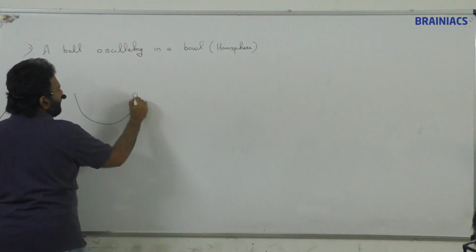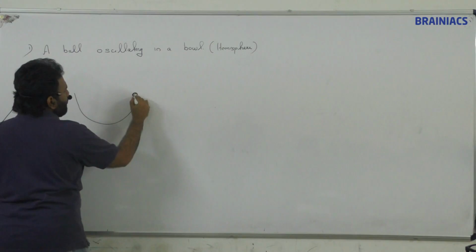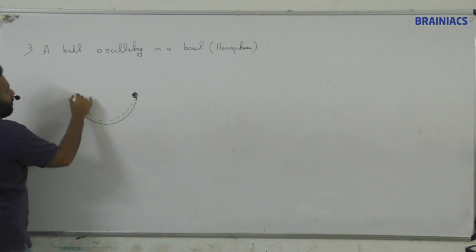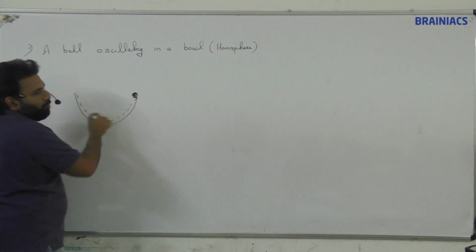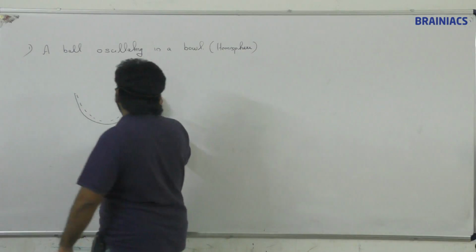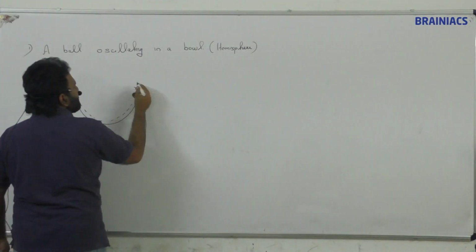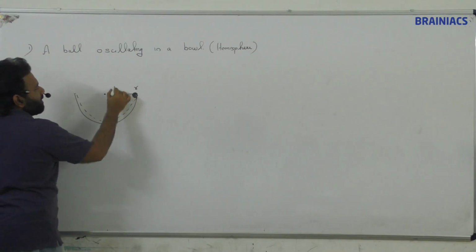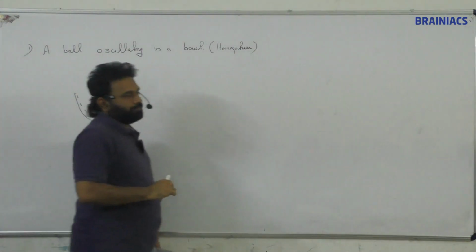From here a ball is there, so this will be going to the other side, this will be moving in simple harmonic motion. So this ball will have a radius small r and this will have a radius capital R.